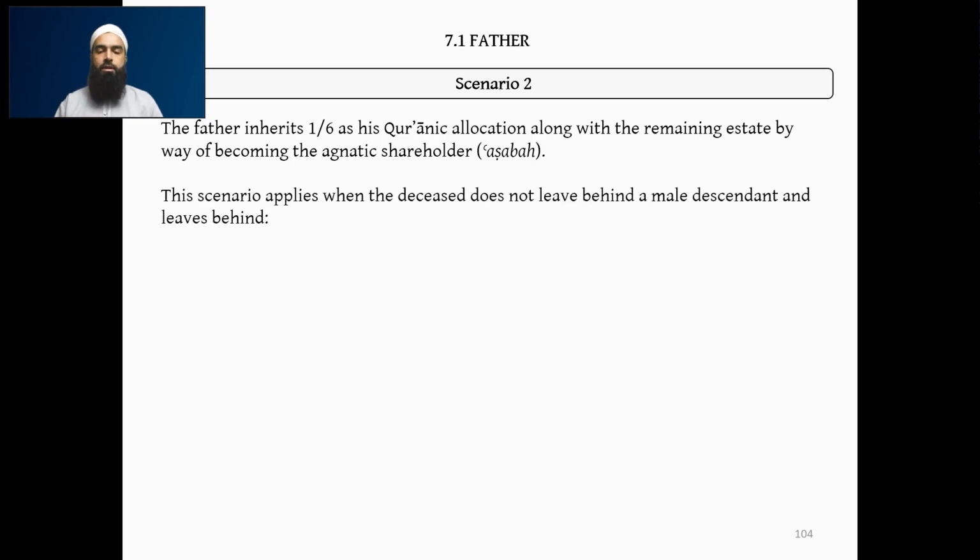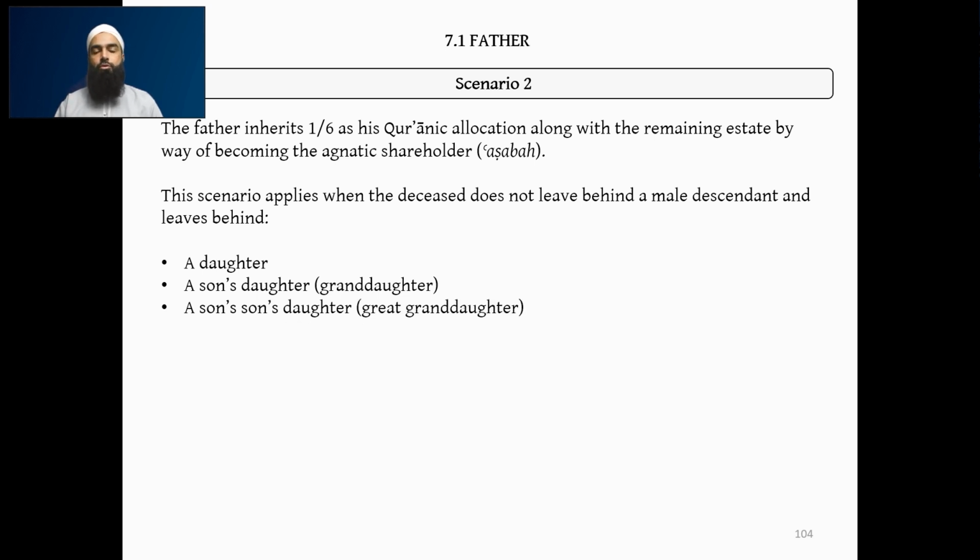So this scenario applies when the deceased does not leave behind a male descendant, meaning no agnatic male descendant, but leaves behind a daughter, or the son's daughter, meaning the granddaughter. Any of these people left behind will mean the father gets this 1/6 plus asaba, plus the remaining agnatic share.